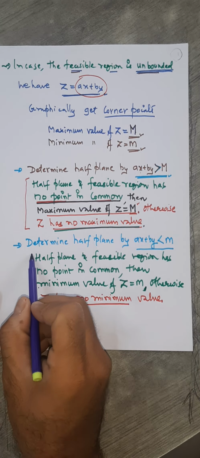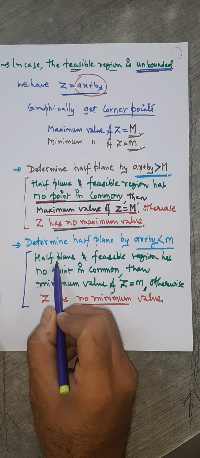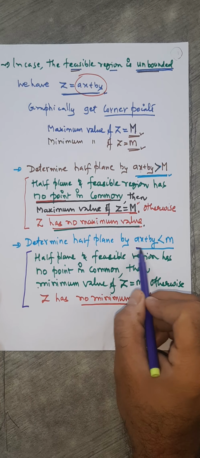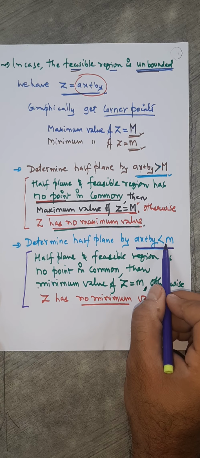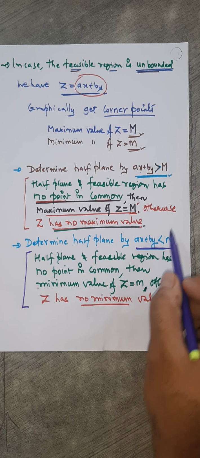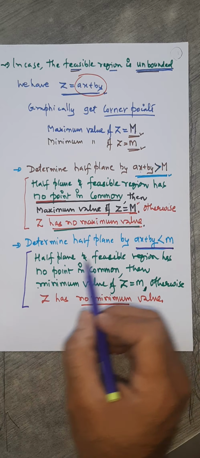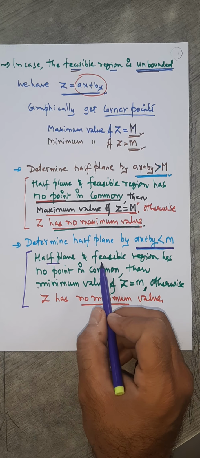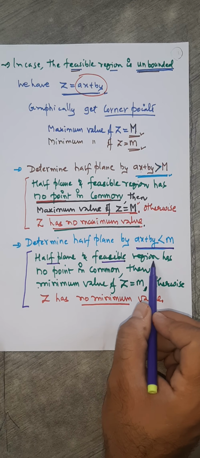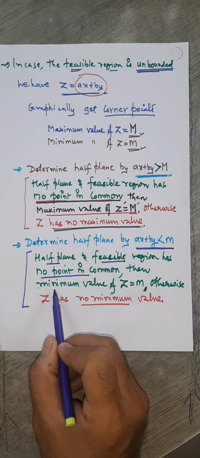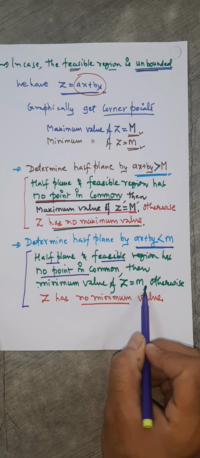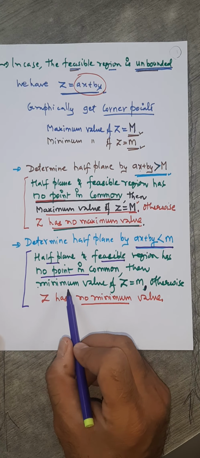I repeat this. What you need to do, you get the half plane by drawing this inequality. This is for minimum value, ax plus by less than m. For maximum value, it's greater than M. If these two regions have no point in common, then the minimum value is small m, which you stated earlier.